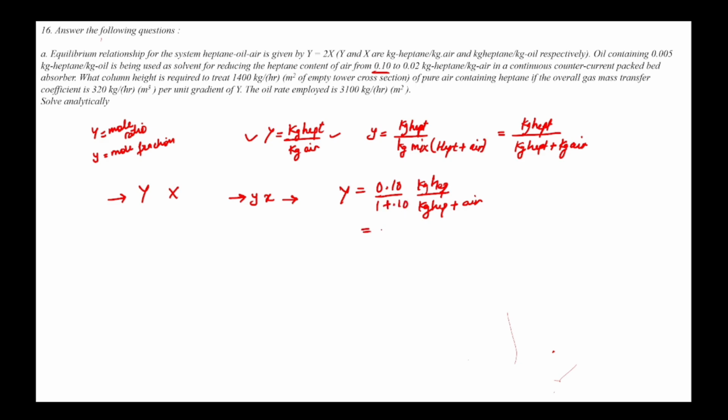This will become the mole fraction, because we have 0.10 for 1 kg of air, and air has 1 mole. So 1 plus 0.10 is the total moles. This becomes the mole fraction, small y. This is the difference between mole ratio and mole fraction.